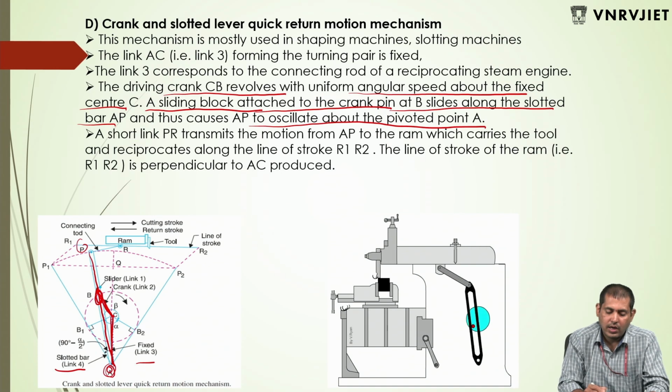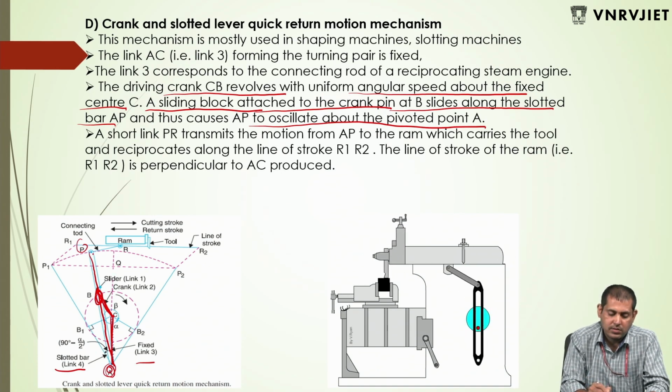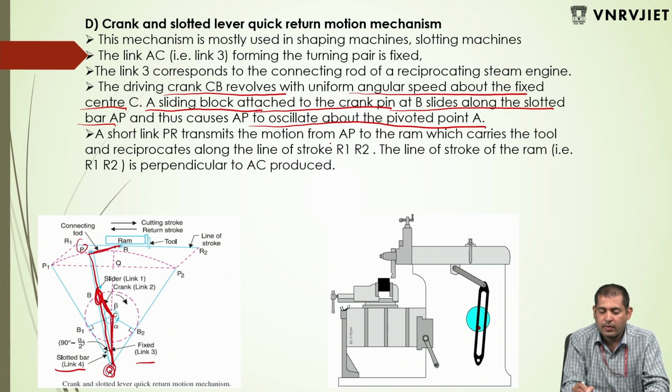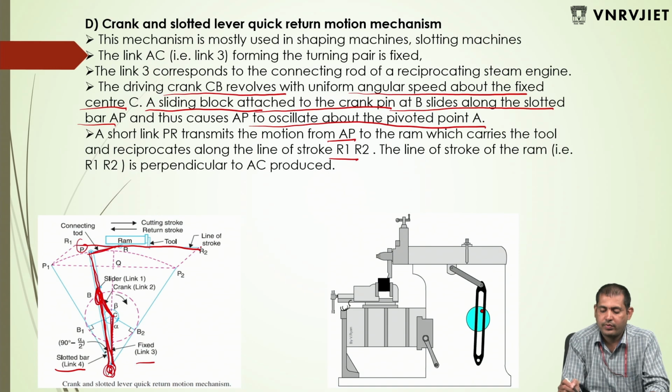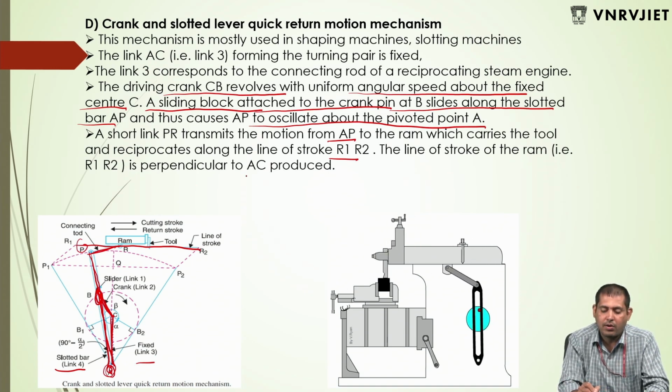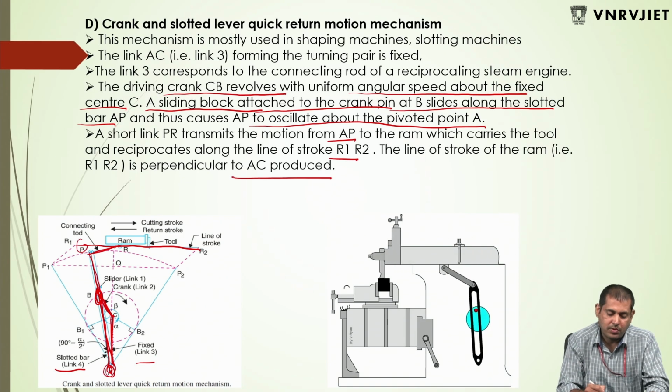A shorter link PR transmits the motion from AP to the arm which carries the tool and reciprocates along the line of stroke R1 and R2. The line of stroke of the ram R1 R2 is perpendicular to AC produced.